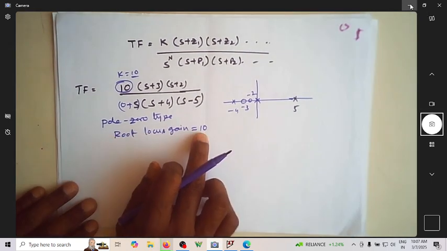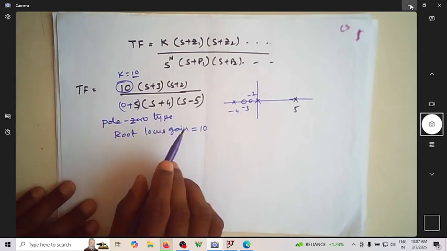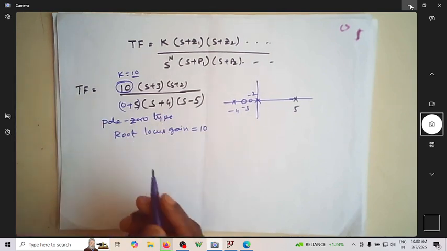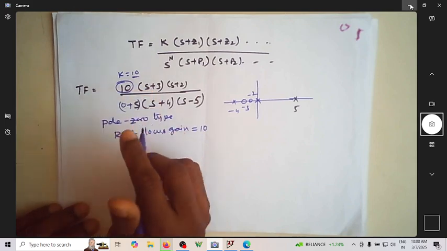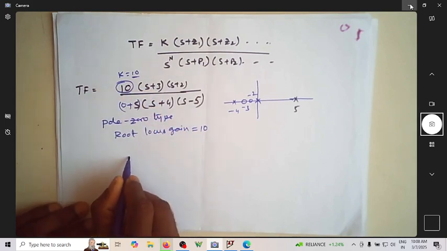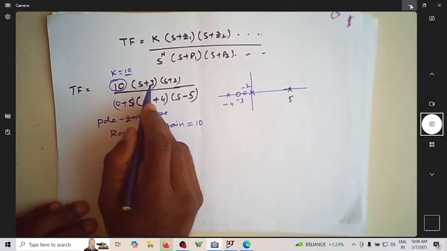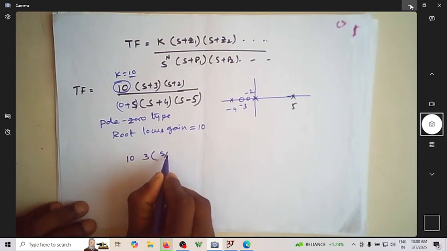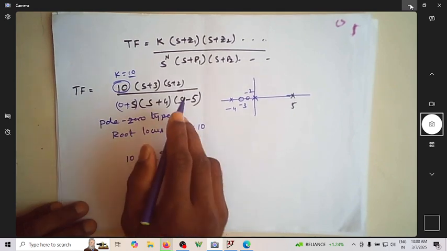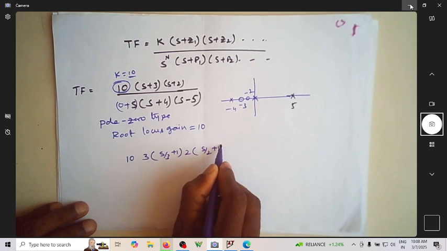So this root locus gain is 10. Now this is one form of representation, and there is another form of representation. Here it is still 10. In s plus 3, I'll take the 3 outside, so it becomes s by 3 plus 1. I'll take 2 outside, so it becomes s by 2 plus 1.